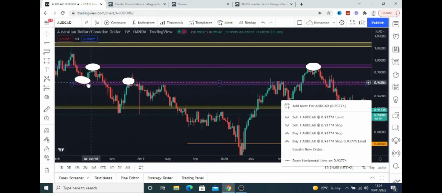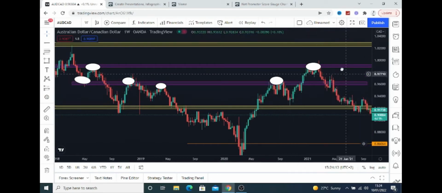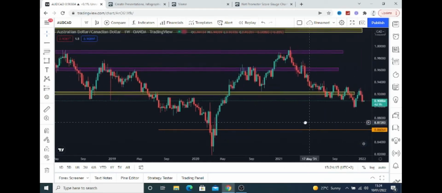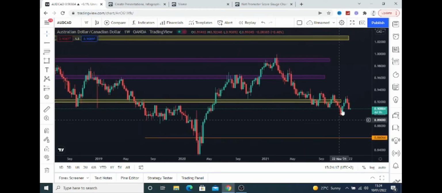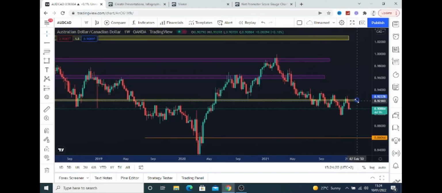So this was a support to this price movement, and then when it was broken it became resistance. And then if you come here, resistance again, then it was broken, came back, still a resistance. So those are our dynamic areas.